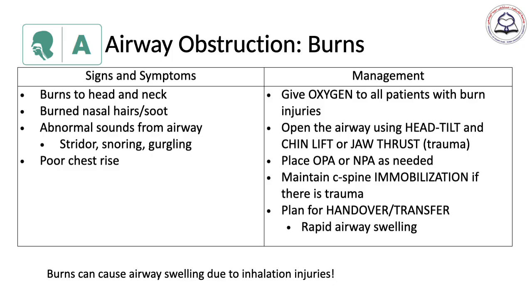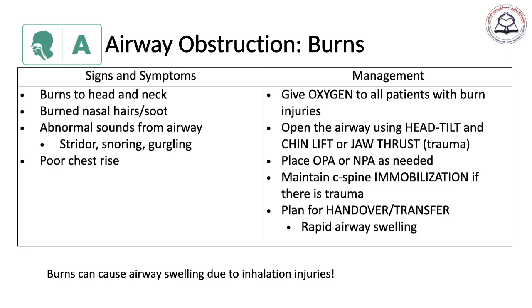Airway obstruction due to burn. Burn can cause swelling in the airway, plus the tongue and throat, due to inhalation injury. A patient with burn can show burn signs on the head and neck, burnt nasal hair or soot, abnormal sounds like gargling, snoring and stridor, and there is poor chest rise. All patients with burn should receive oxygen.